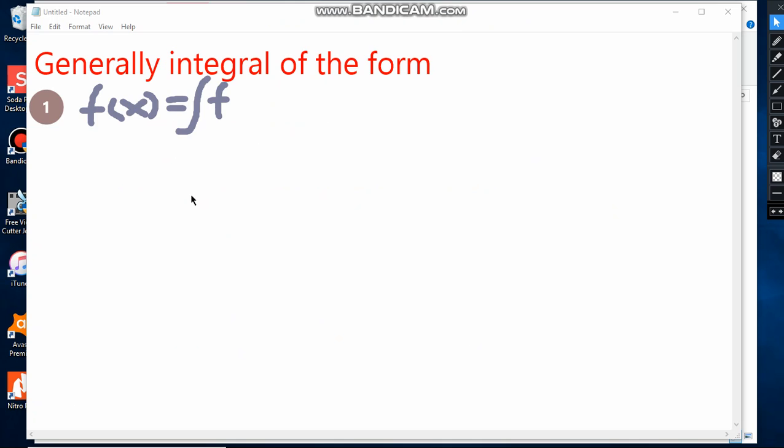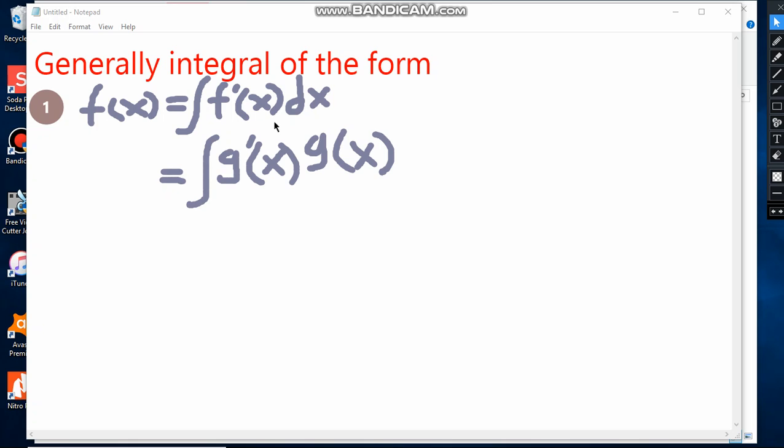Generally, consider an integral of the form f of x equal to the integral of f dash of x dx, such that f dash of x holds the following property: it is a product of two functions, such that one function, g dash of x, is a derivative of another function, g of x.